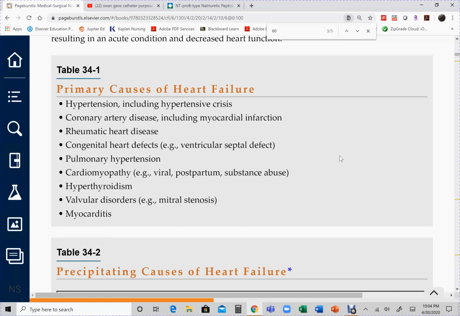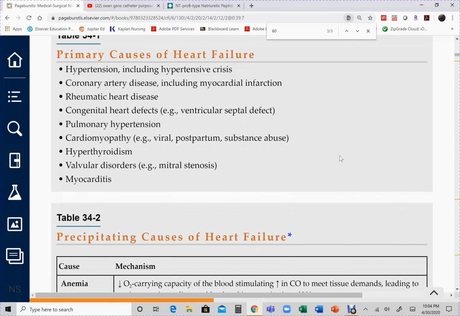Valvular disorders, particularly that caused by mitral stenosis, because of course the mitral valve is on the left side. So if that valve does not open completely, that will result in congestion in the left atrium. Not only will cardiac output therefore be decreased, but you'll also have pulmonary congestion, crackles, pulmonary edema, etc.